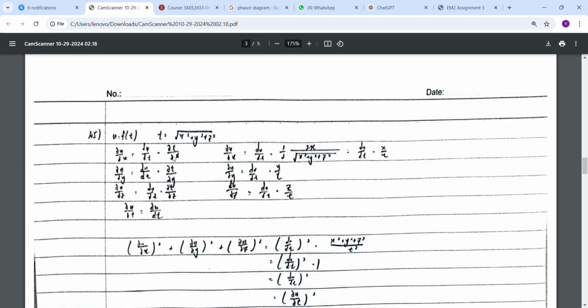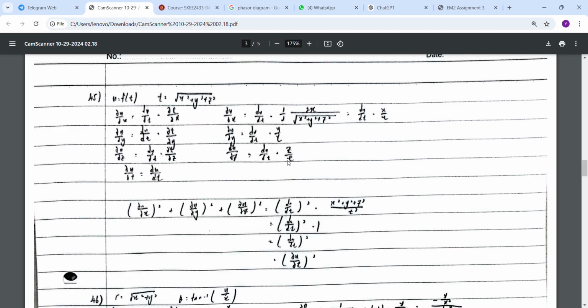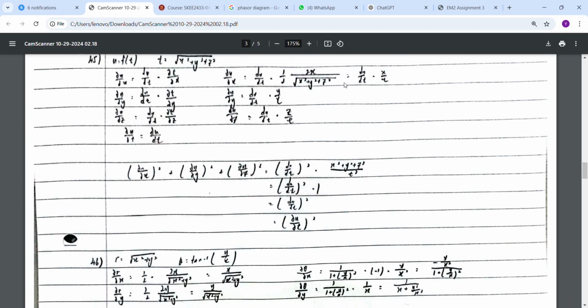So ∂t/∂x gives x over t, ∂t/∂y gives y over t, and ∂t/∂z gives z over t. Here t is the square root of x squared plus y squared plus z squared. After we find the values, we can insert them into the equation the question requires, and then we can find the final answer.